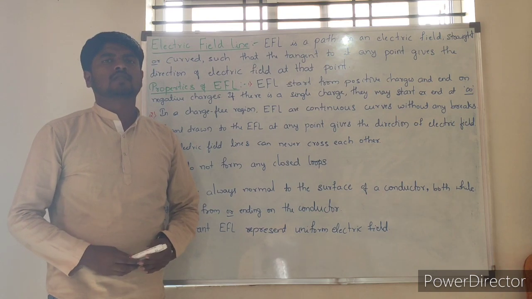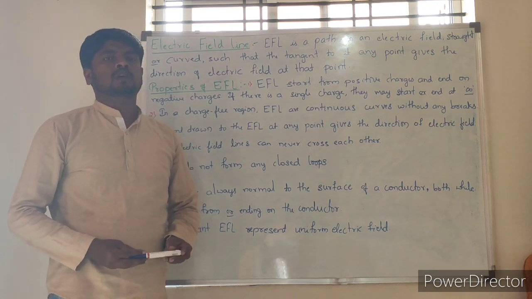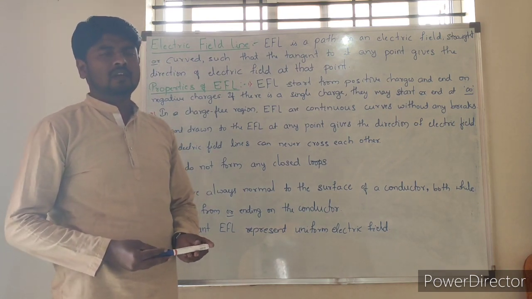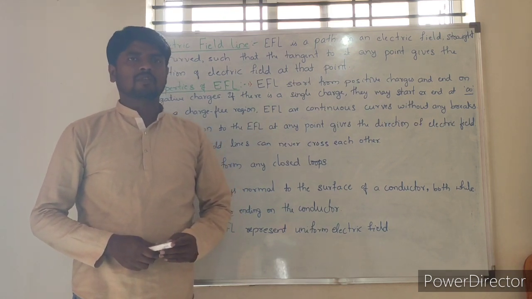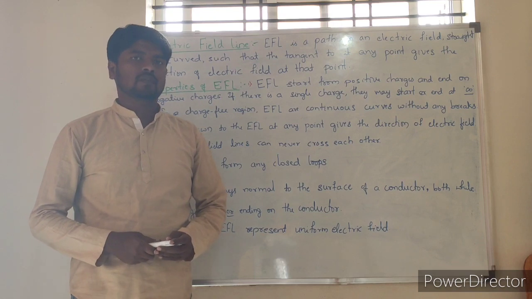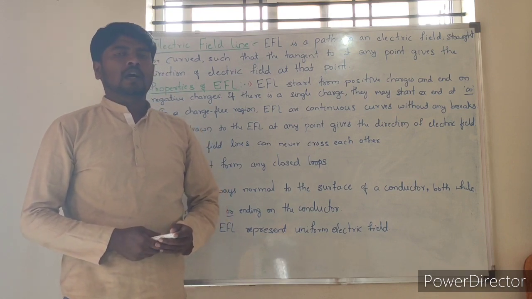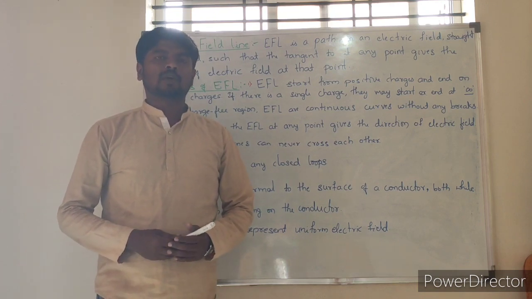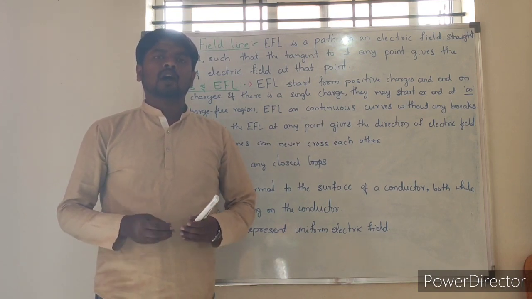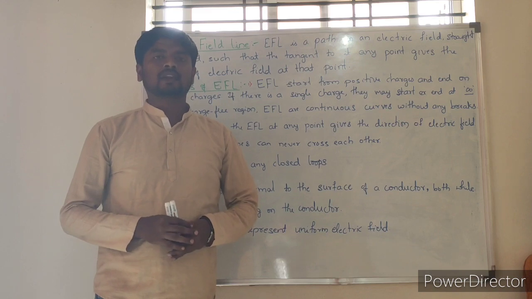Friends, in the last class we understood the concept of electric field, the definition of electric field, the equation of electric field and the SI unit of electric field. As we know that the electric field is a space property, then how to represent the electric field?